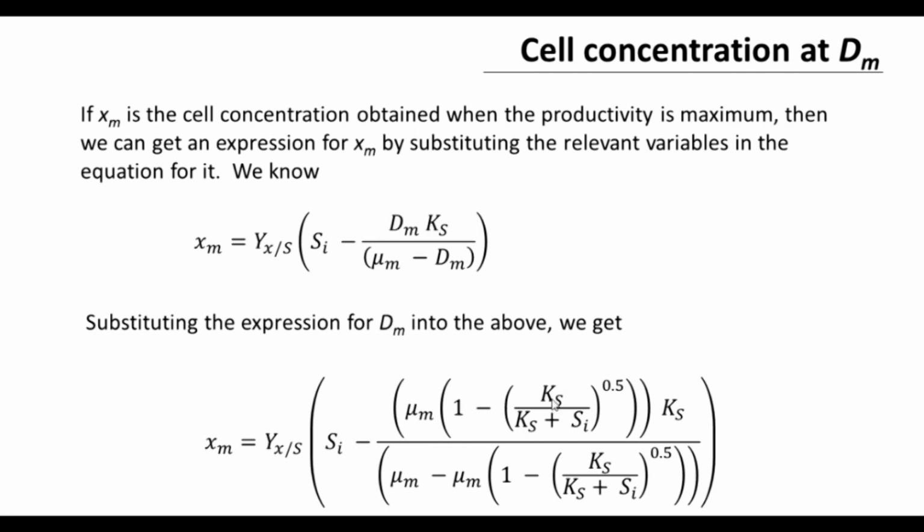So 1 minus Ks by Ks plus Si to the power of 0.5 into mu m, that is what we've seen, that is what has been substituted here for Dm. So this is Yxs, Si minus Dm times Ks by mu m minus the same Dm here. So this is the expression for the maximum cell concentration.